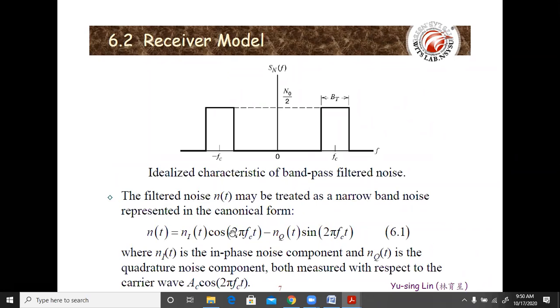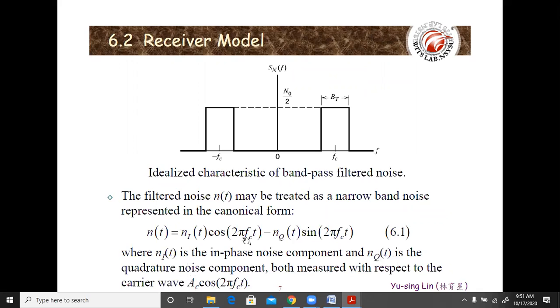And that is divided into two parts. One is the in-phase noise component, another is the quadrature noise component. NIT is the in-phase noise component and NQT is the quadrature noise component, both measured with respect to the carrier wave AC cos of 2 pi FCT.